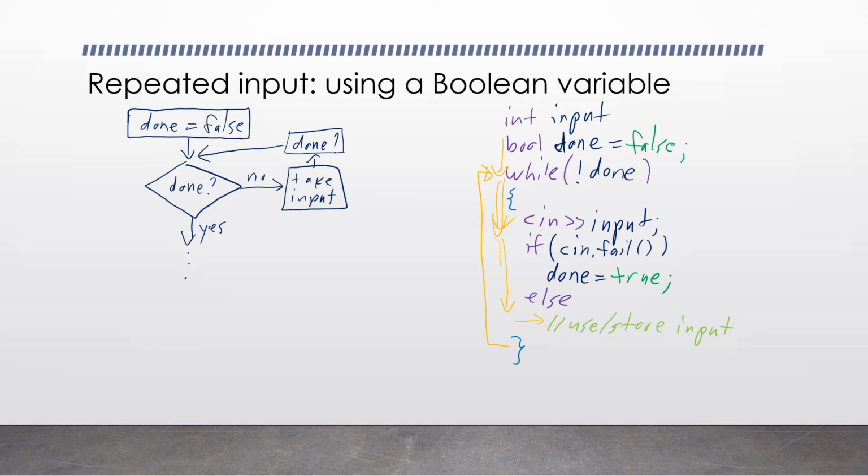That means cin.fail matches, because we didn't enter an integer. So done is true, and then when we come back to while not done, we fail while not done, and the loop exits, and we go on with whatever's next in our program.